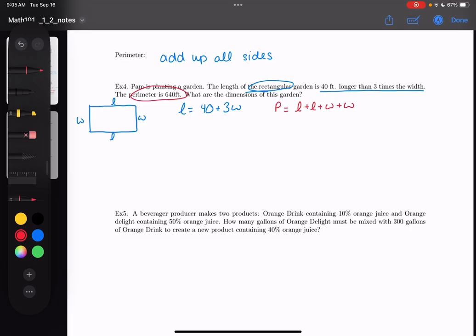And it says that the perimeter is 640, so P should be equal to 640. And I also know that L is equal to 40 plus 3W. So I'm going to replace that. I'm replacing both of my L's here, and then I still have my widths.